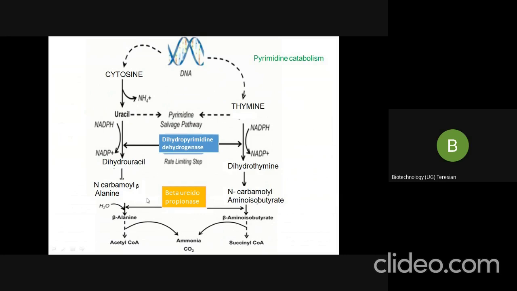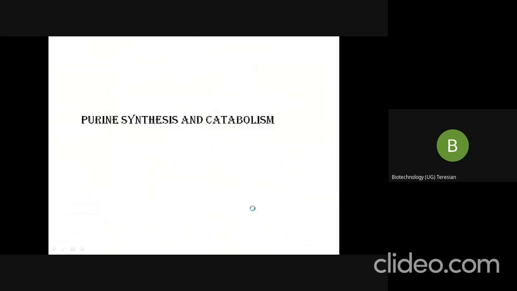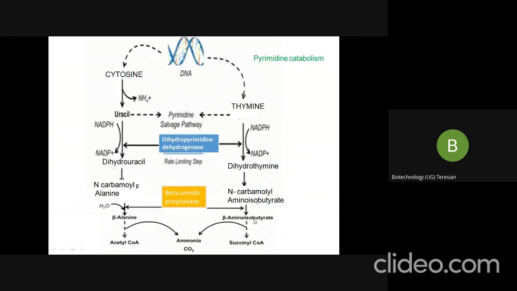So next comes another enzyme known as beta-ureidopropionase, which can convert your N-carbonyl beta alanine in the presence of water to beta alanine. And here your N-carbonyl amino isobutyrate gets converted into beta amino isobutyrate. And both of them, that is your beta alanine and beta amino isobutyrate, produce byproducts known as ammonia and carbon dioxide.